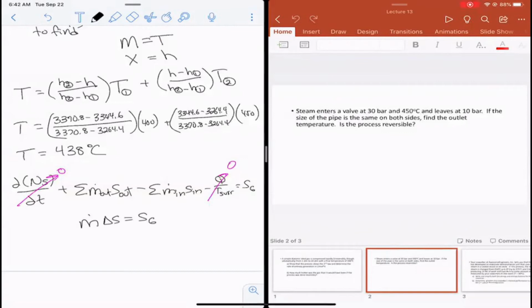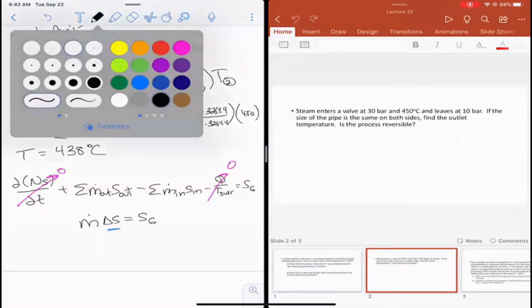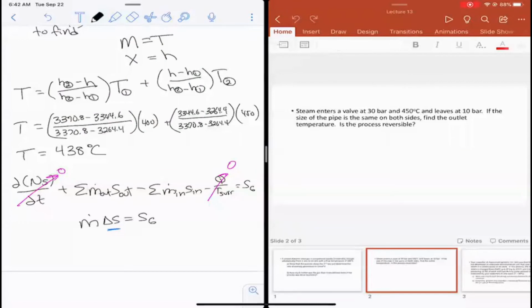So the thing that we want to do in this particular problem is to find delta S. And if delta S is equal to 0, then that means that the process is reversible. And if it's greater than 0, then of course we know that the process is irreversible. And if we ended up calculating that delta S was less than 0, then of course it would be impossible, but we're not going to find that here in this particular problem.